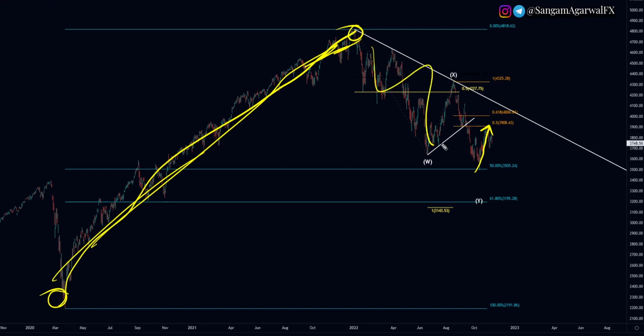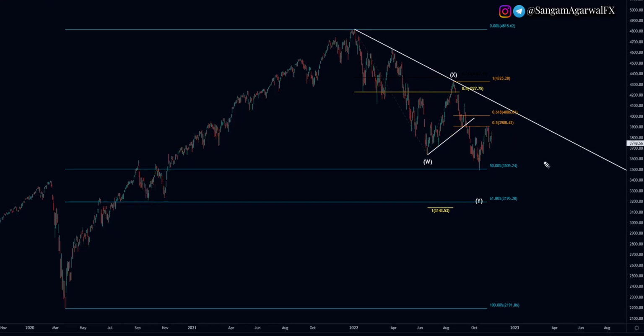So maybe the sellers took profit or some short-term buyers entered. So on a breakout of this low, our next target will be the 61% retracement level, which is near the same price as the 100% projection for wave Y. So this area near 3143 is our support zone.